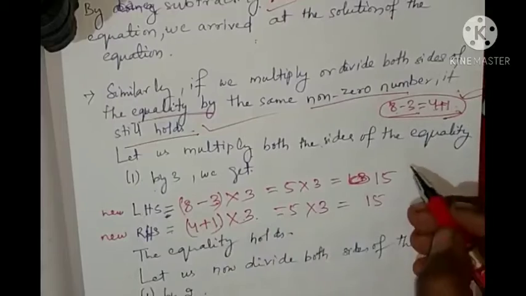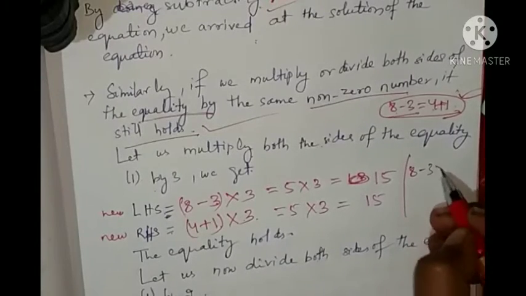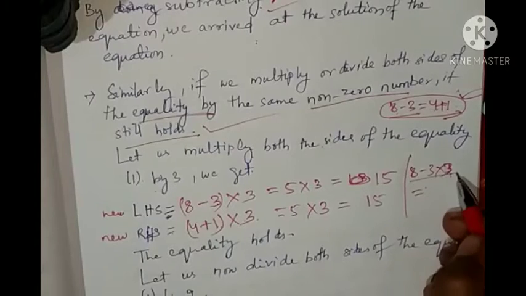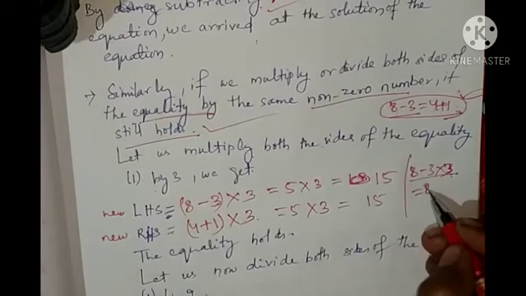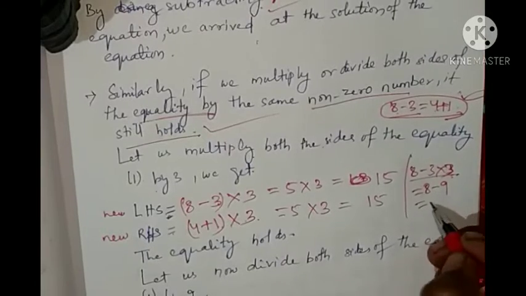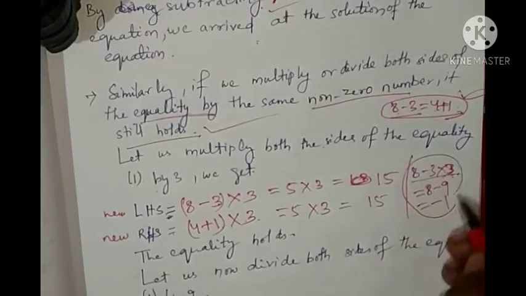15. So don't do it like 8 minus 3 into 3 without brackets. If you write without bracket, 3 into 3 is 9, then the value will be minus 1. So this is wrong.